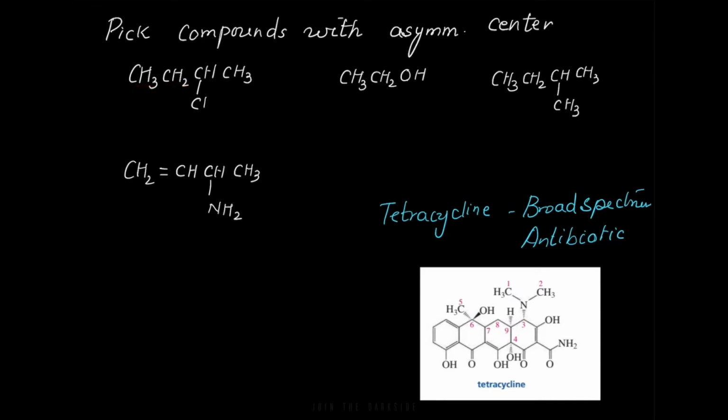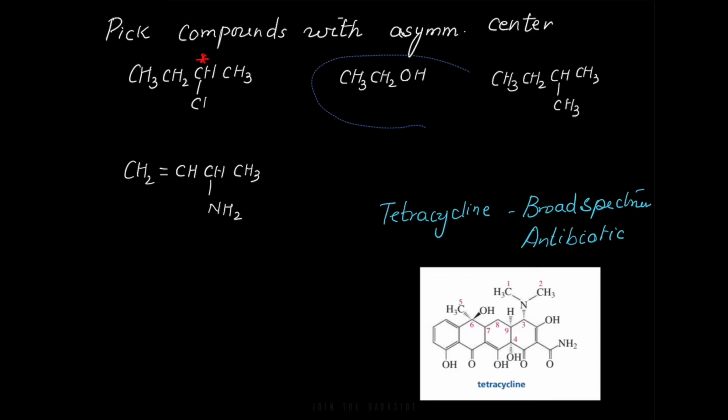Here you have two hydrogens, and that does not qualify either. But this carbon right here is attached to four different groups: hydrogen, Cl, a methyl group, and on the left side an ethyl group. So this carbon is an asymmetric center or chiral center, and therefore this molecule is a chiral molecule.